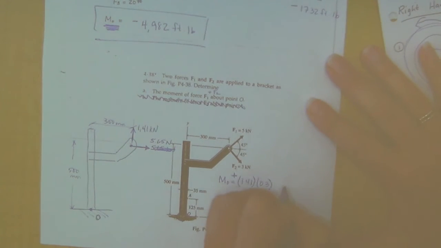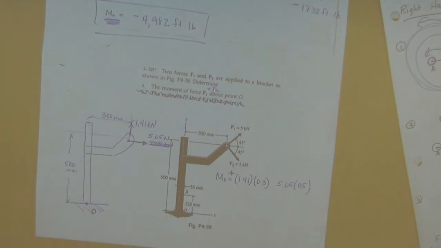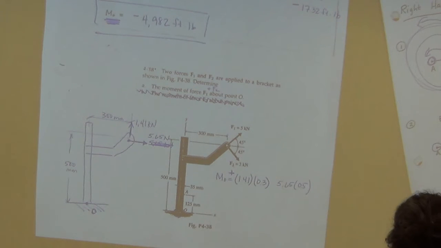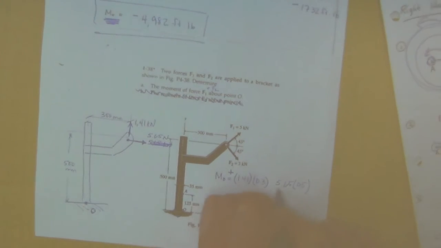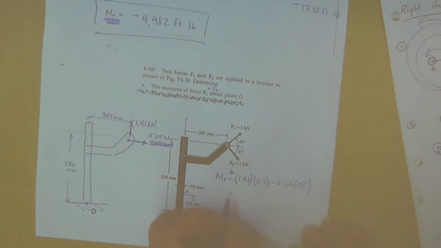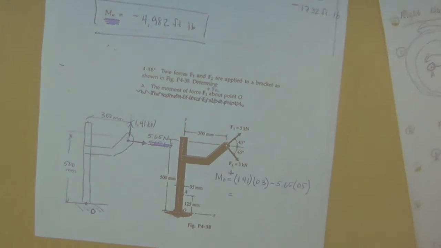And then 5.65 times, what's the perpendicular distance between 5.65 and point O? I'm gonna put 0.5. Is that positive or negative? Fingers go in the direction of the force, palm goes down, negative. And what does it come out to be?